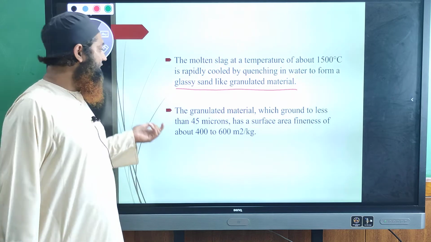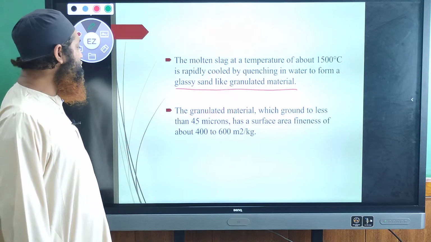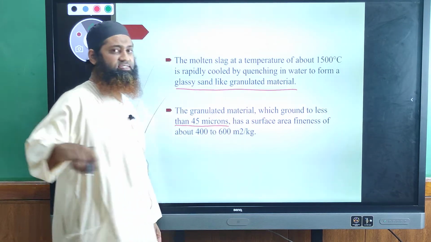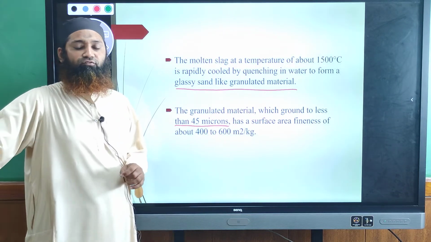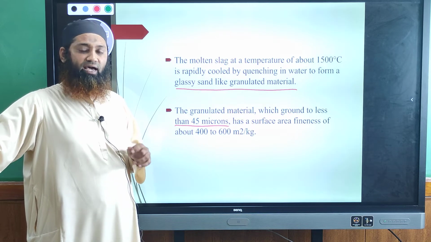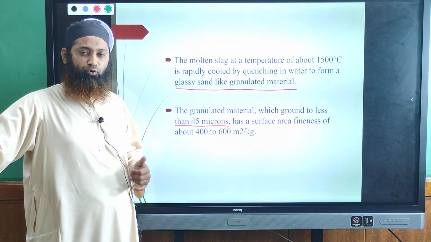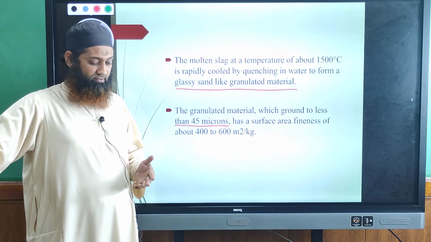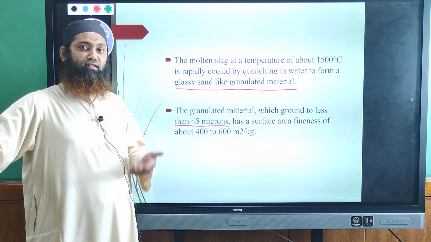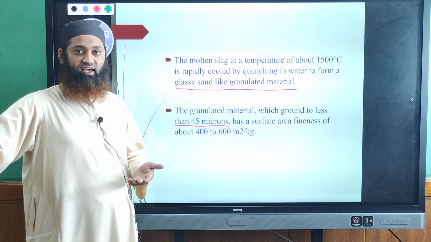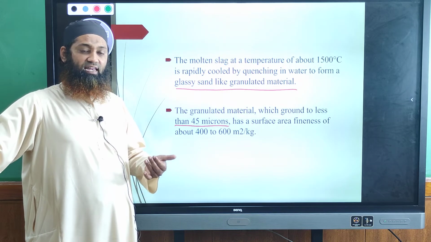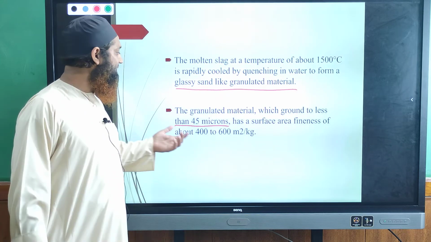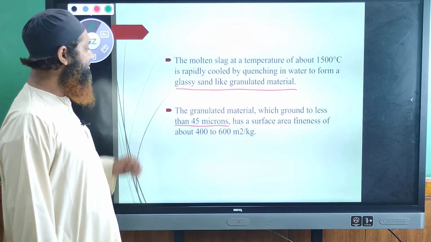Now the granulated material is ground to less than 45 microns. You can remember the size of the silica fume was about 0.1 micron, which is 100 times smaller than Portland cement, and the particle size in class C fly ash and class F fly ash was less than 10 microns, but here the size is 45 microns.